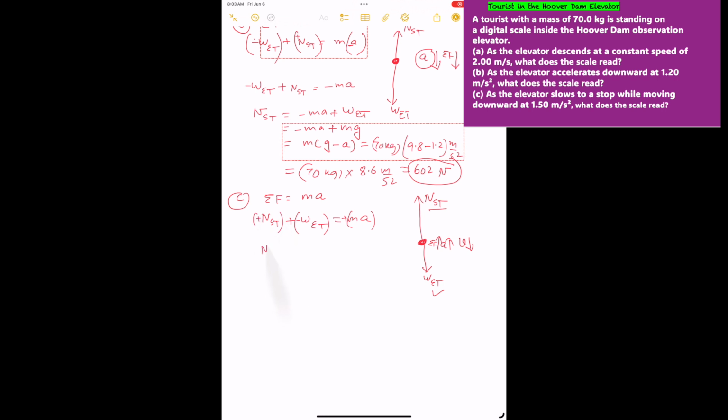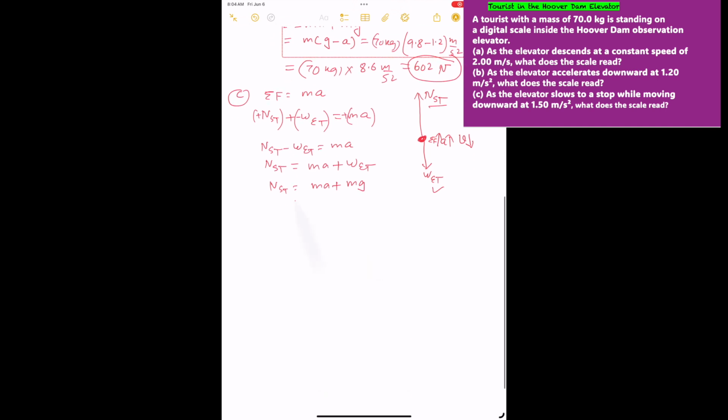So that means the normal force minus weight force is equal to mass times acceleration. Again, the scale reads the normal force, which is equal to mass times acceleration plus weight. So N_st is equal to mass times acceleration plus mass times gravity, that is, mass times (acceleration plus gravity). So when it slows down, your scale shows the higher value.